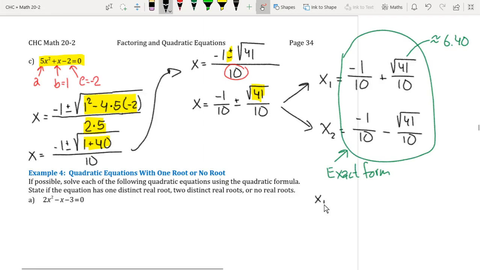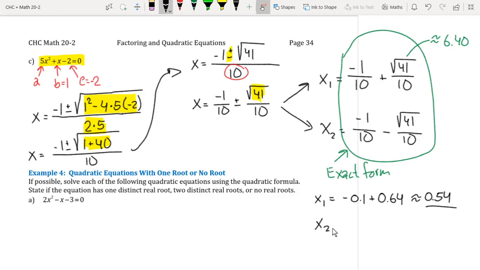Root 1 would be negative 1 divided by 10, which is negative 0.1, plus 6.40 divided by 10, which is 0.64. We do negative 0.1 plus 0.64, and that gives us 0.54 as the first root, rounded to 2 decimals.